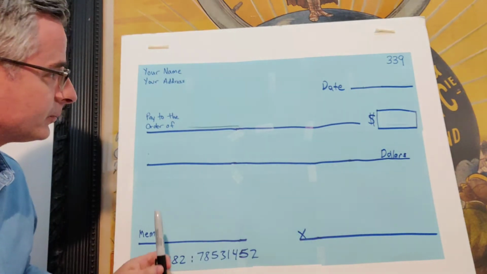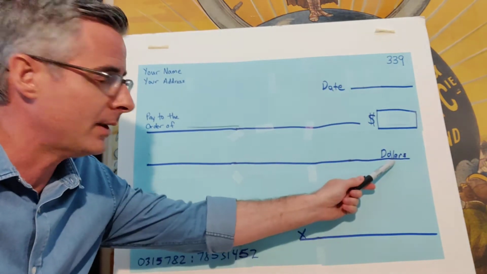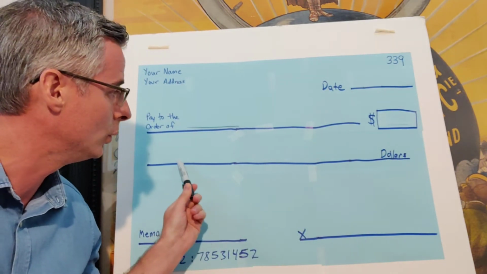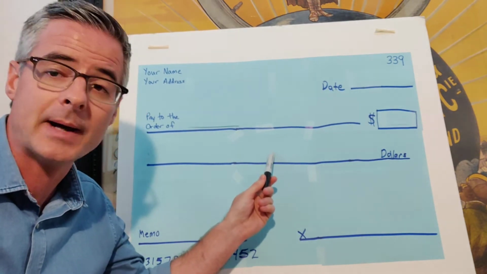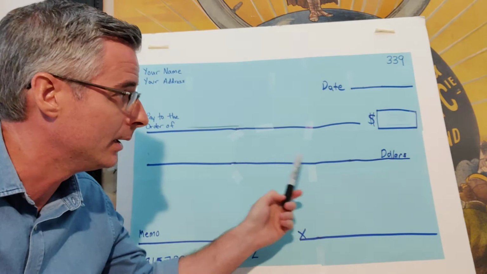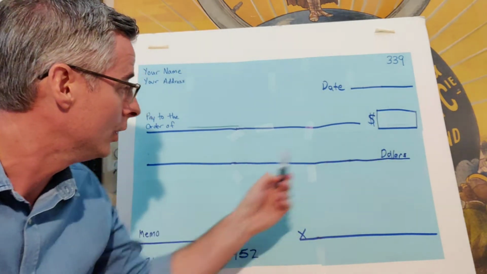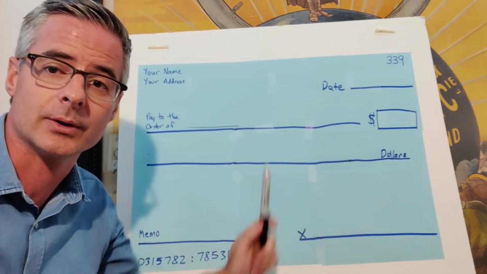Okay. Now, you have another line underneath that, and then the word dollars. Okay. So on this line, you will hand write out completely the dollar amount that you're paying. Okay. So if you had $10 here, you would write out ten dollars right here on this line.